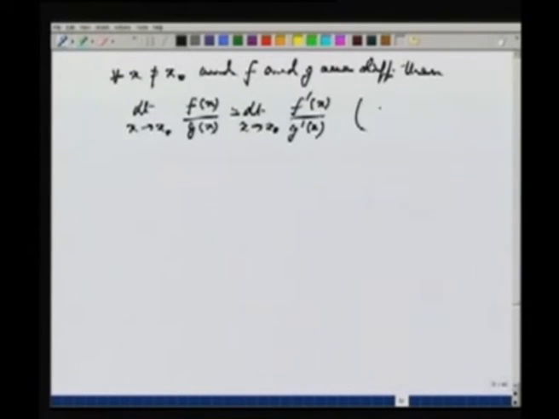This is the famous infinity by infinity form. As an application of this, we can look at the following example.